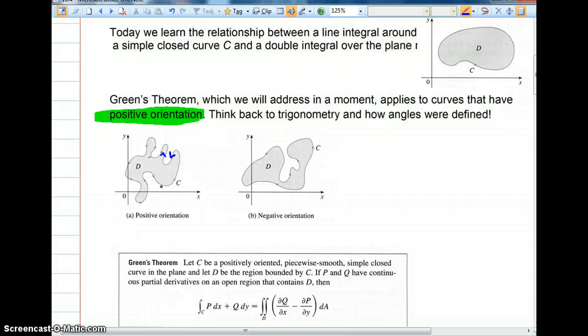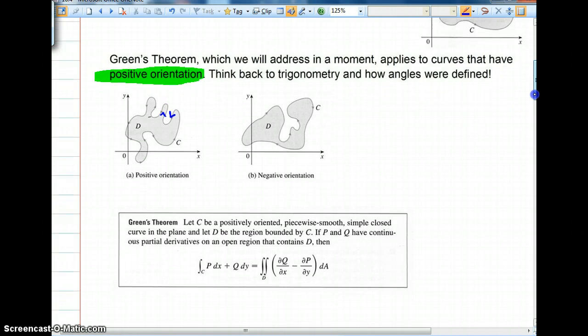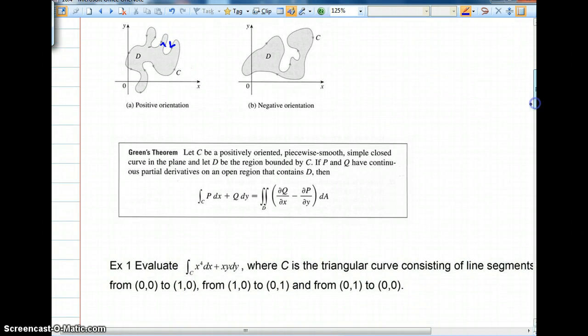Another way some authors explain it is that if a person was moving around the curve in a positive orientation, their left arm and left leg would always be pointing within to the area that's enclosed. So that's first and foremost. Green's theorem doesn't work if we don't have that direction. It's very specific.